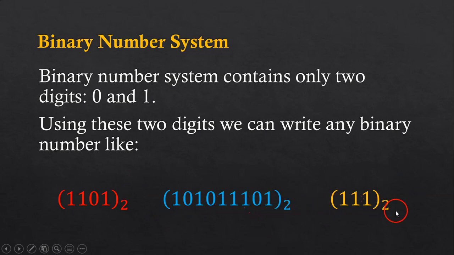Then this is 111, and all these numbers are given with the radix 2. So in all we have to read this number like this, 1101 to the base 2. I repeat, 1101 to the base 2. Here 10101101 to the base 2, and here 111 to the base 2. So to the base 2 indicates that it is a binary number.